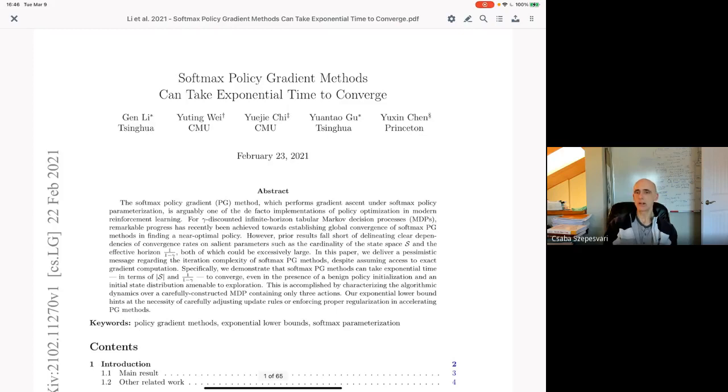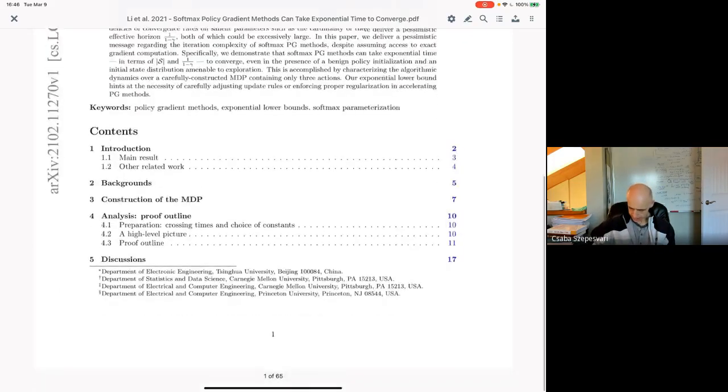And they looked into whether policy gradient, this gradient ascent search, can converge efficiently to a stationary point, at least with some initialization and some nice choice of mu, the initial state distribution. And it's not an easy thing.